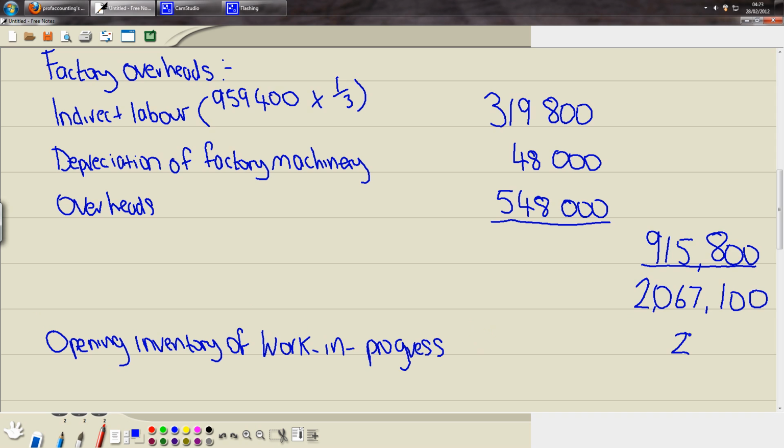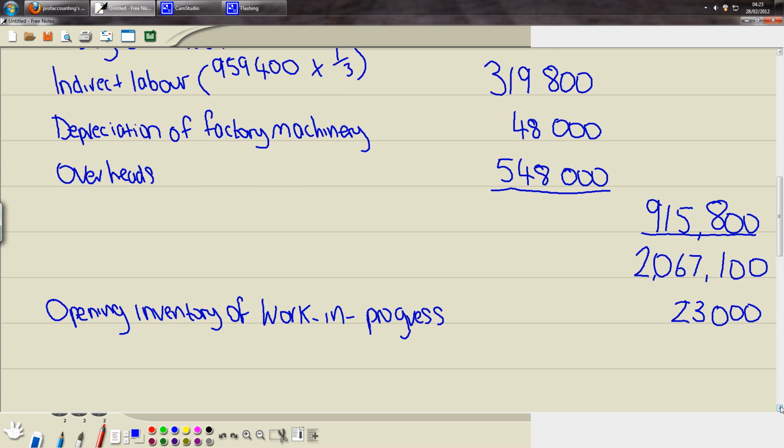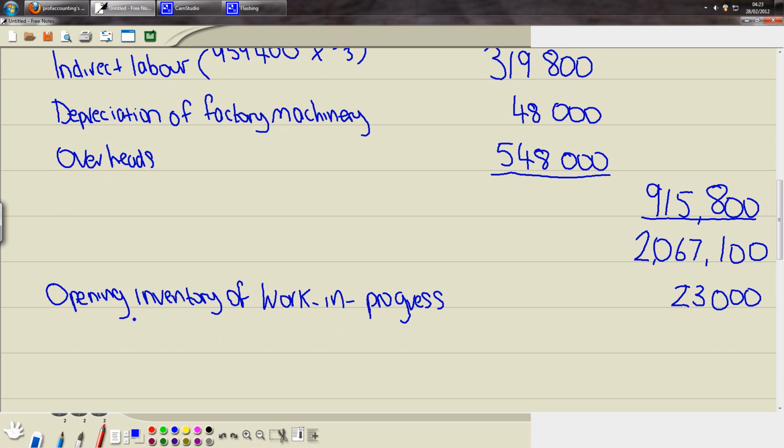What do we do with that value then? If we've got this situation, do we add the opening or close the opening, and what do we do with the closing? Well, you're thinking about what relates to this accounting period. So you started with opening work in progress. Obviously that's going to be used up first in the factory to produce the finished goods of whatever they're making in this case.